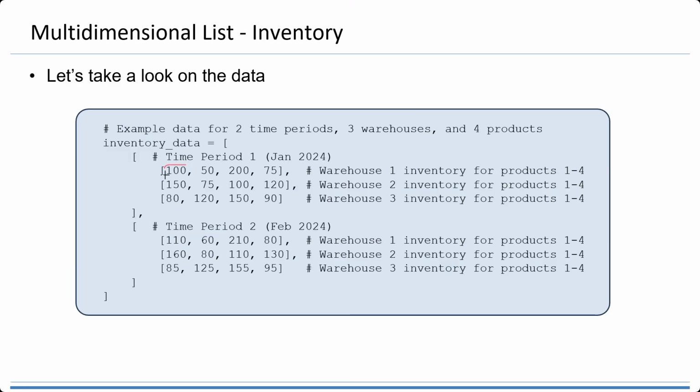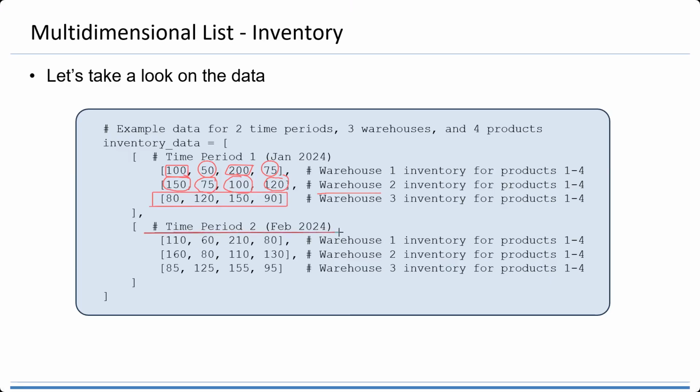For product 1, we have 100 items. In product 2, we have 50 items. We have 200 items for product 3, and for product 4, we have 75 items. In warehouse 2, we have 150 items of product 1, 75 items of product 2, 100 items of product 3, and 120 items for product 4. And this is the data for warehouse number 3.